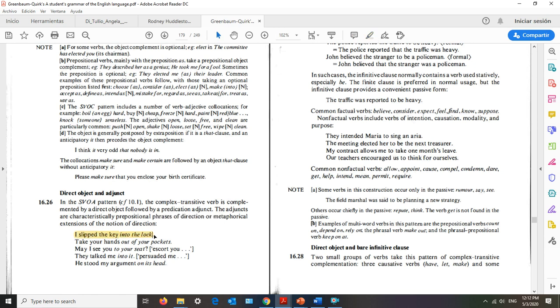So let's concentrate on the first one here, in which you have the key as a direct object and into the rock as an adverbial, right? An adverbial or adjunct, as they prefer to call it, of place, which is obligatory in the sense of being required in the meaning of slipping, because you slipped something somewhere, all right?